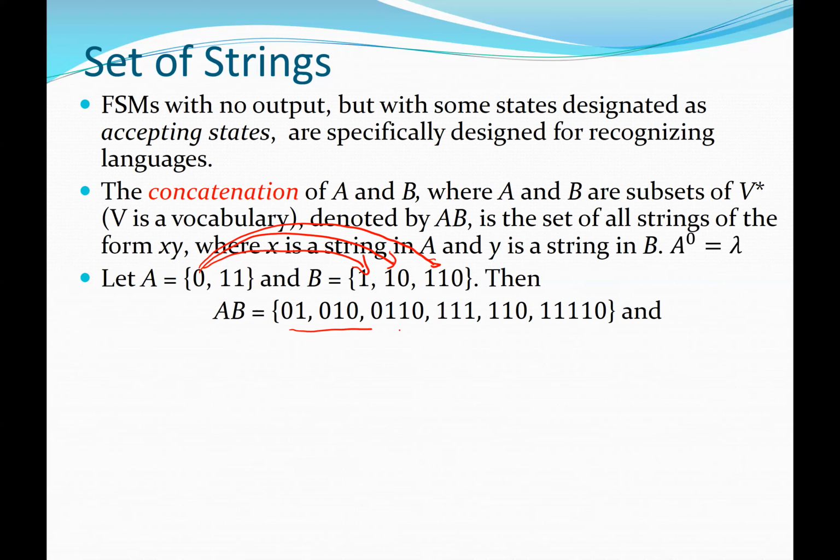That's what you see in the first 3 items. Once you're done with that, you go back to the bit string 11 and map it again, and again, and again. That's how you see the last 3 strings. That's what we call the concatenation of A and B.